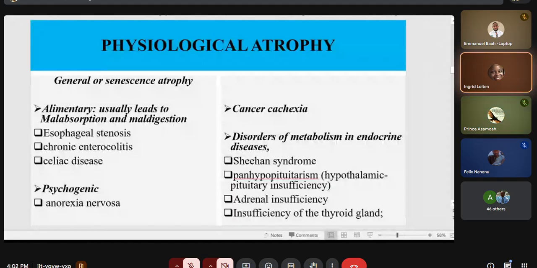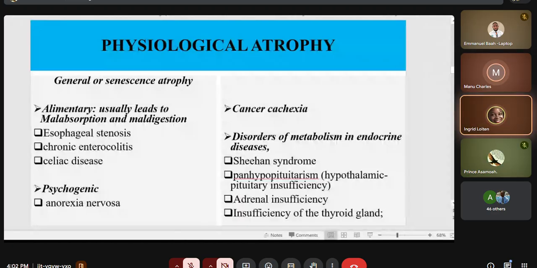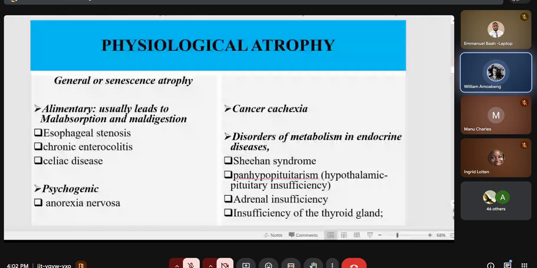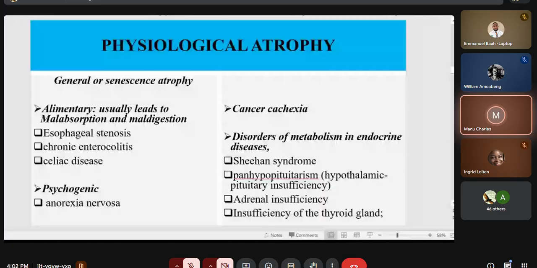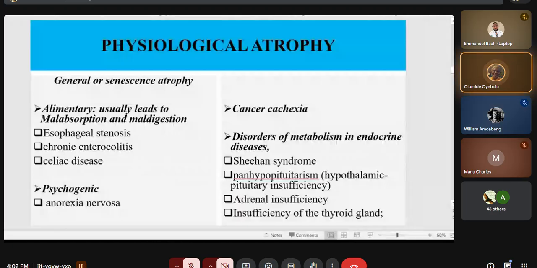Hello? Yeah, we are all here. We can't hear anything. The lecturer has gone for a break. He will be back soon. Also, we were assigned to select one of the bullets and see if we can elaborate on them when he gets back.